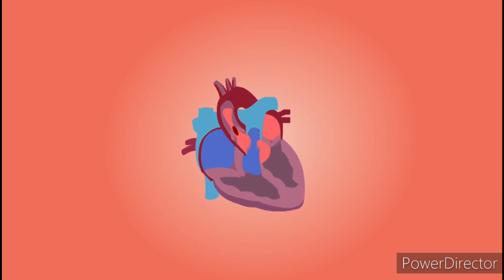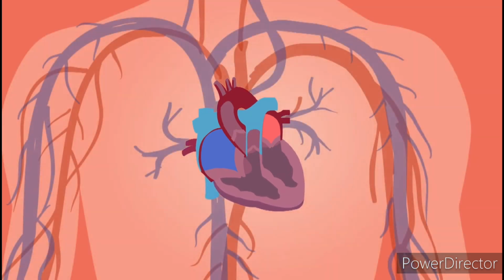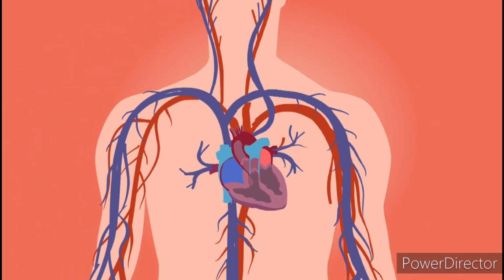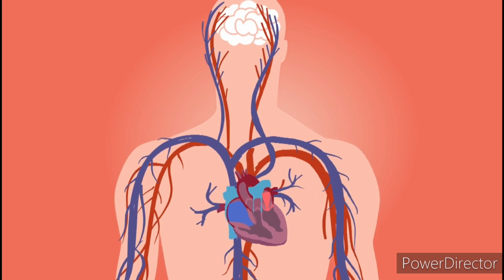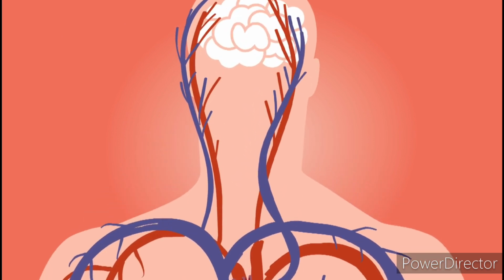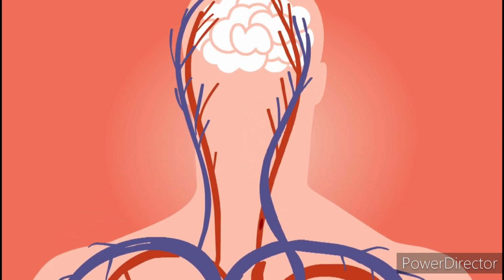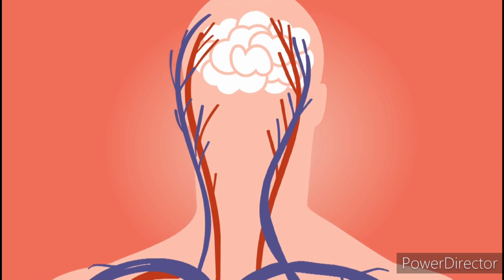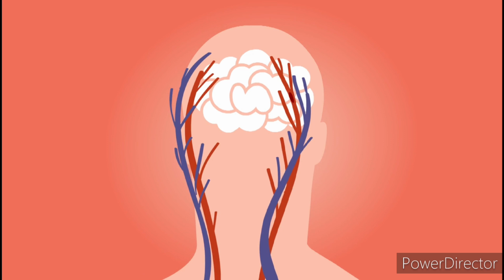Next we can see how from the heart we supply blood to the body tissues. Then the right ventricle sends deoxygenated blood into the pulmonary arteries. Through the pulmonary arteries, the blood is carried to the lungs.